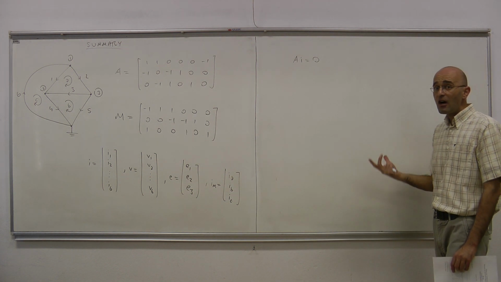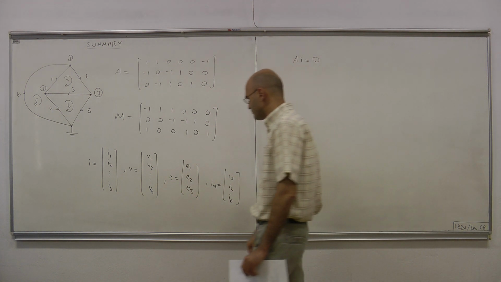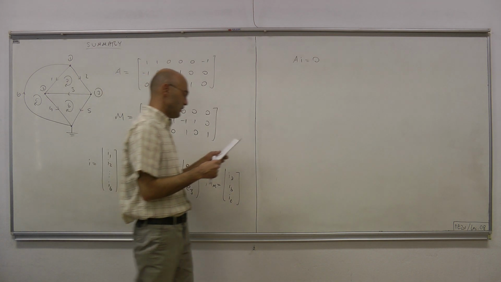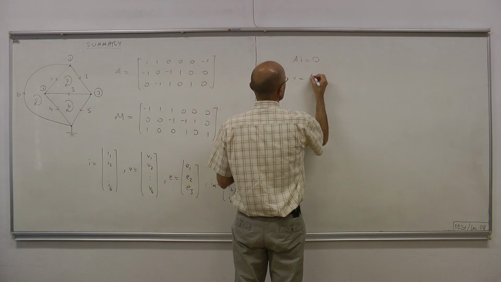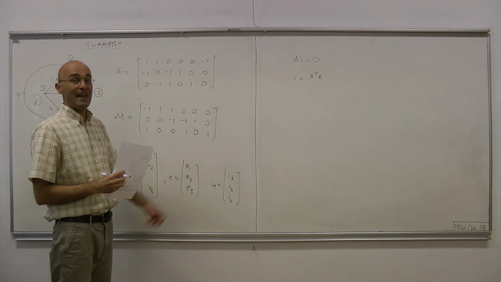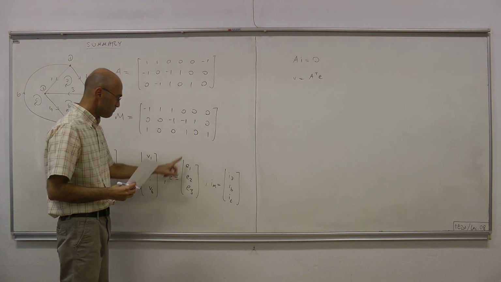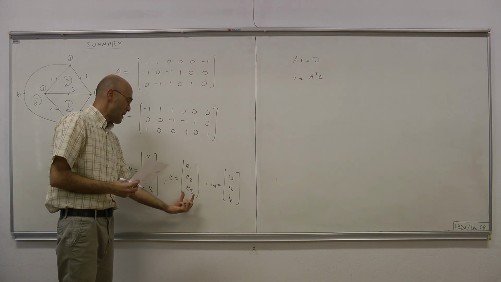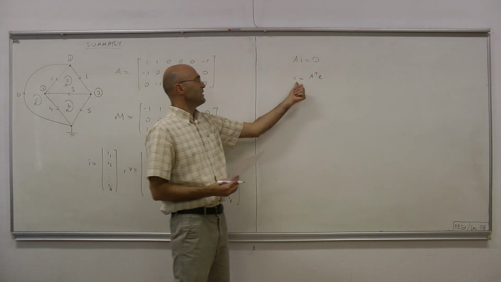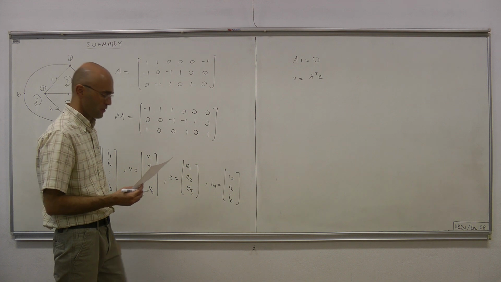And then we discovered a peculiar relation between this matrix, or more precisely its transpose, and the node voltage vector, and that relation was V equals A transpose E. That allowed us to say that if you know node voltages, which are in general much fewer than all the branch voltages, then you can automatically compute all the branch voltages.